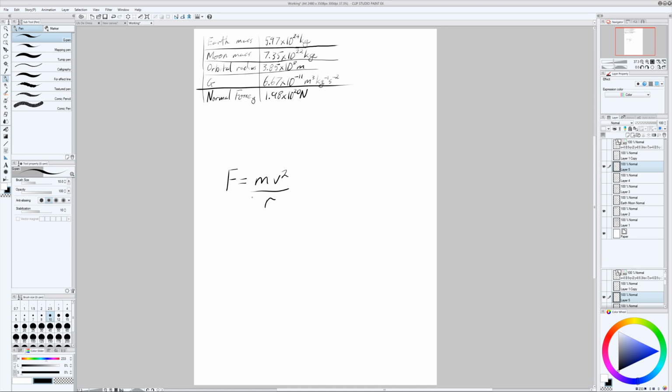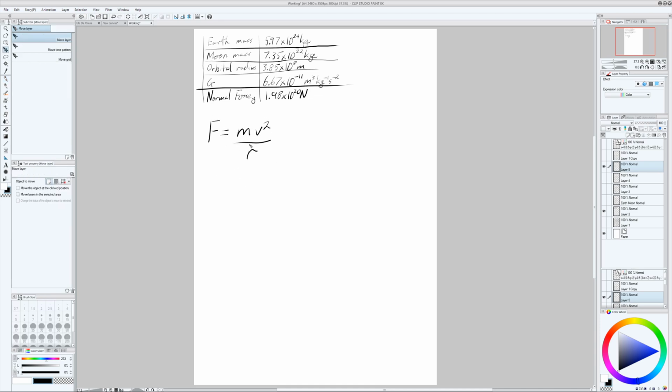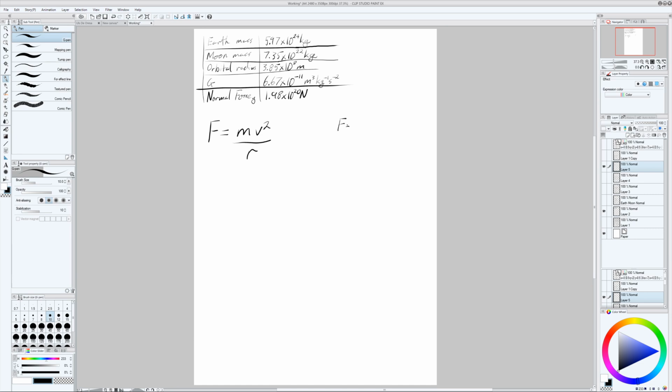So you're only dealing with one mass. For example, if we did this for the moon to get the orbital velocity of the moon, we know what the force is.